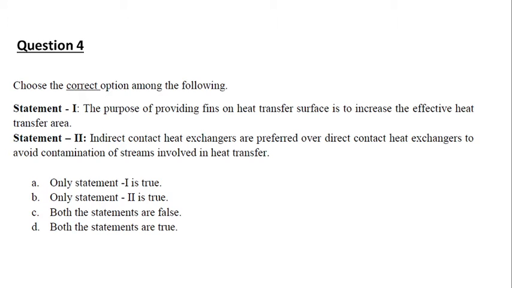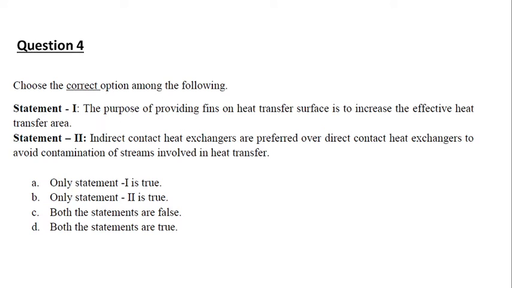Statement 2, indirect contact heat exchangers are preferred over direct contact heat exchangers to avoid contamination of streams involved in heat transfer. Option A, only statement 1 is true. Option B, only statement 2 is true. Option C, both the statements are false. Option D, both the statements are true.